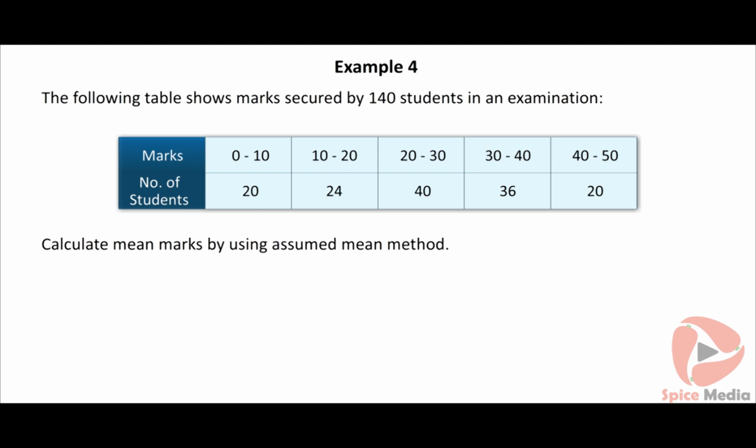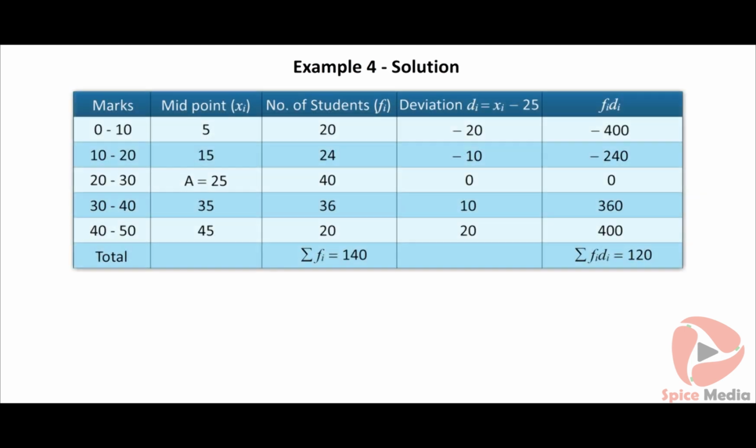X bar is equal to a plus sigma fi di by sigma fi, which is the formula for calculating mean with assumed mean method.